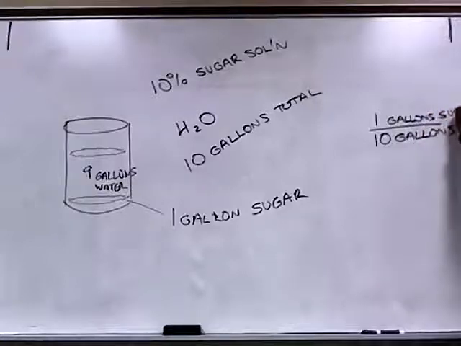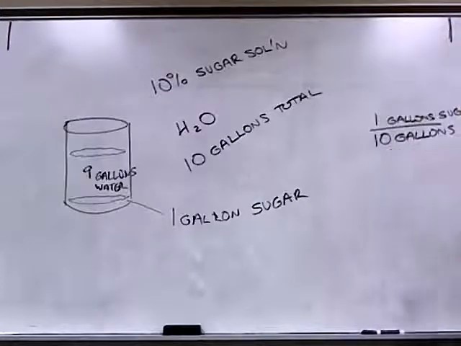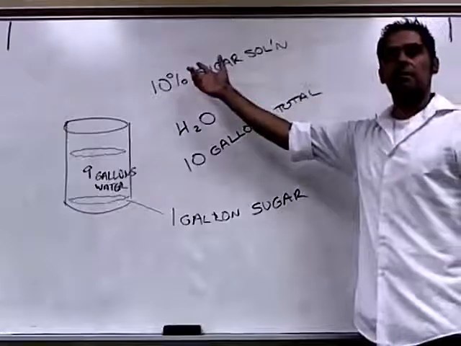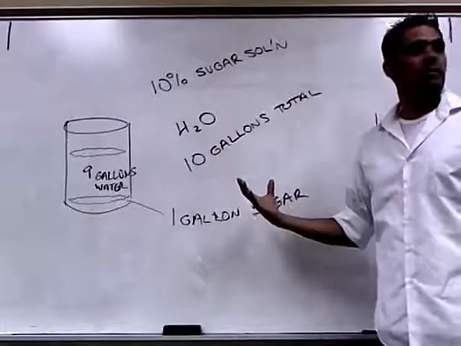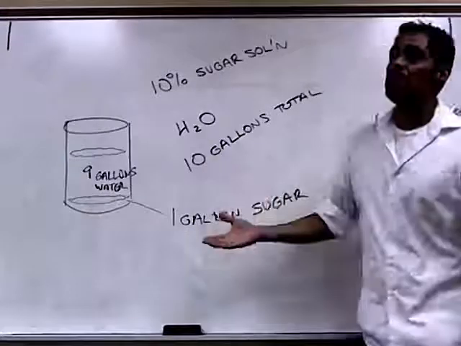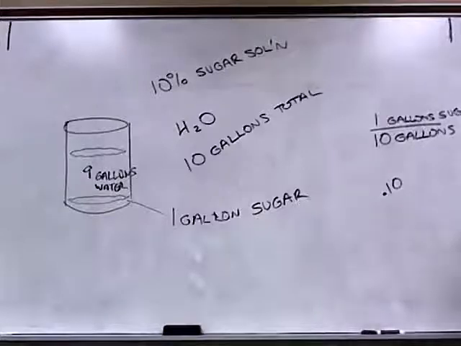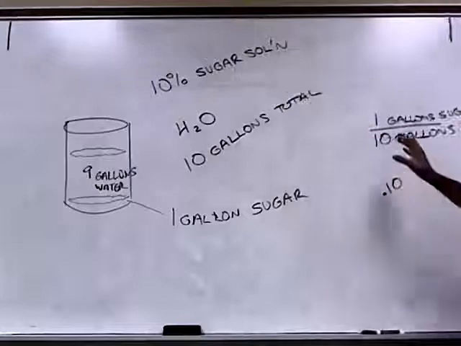If I take 1 gallon of sugar divided by 10, that's a ratio, then you get 0.1, don't you? 0.1 converted to a percentage is 10%. So this is a 10% solution of sugar. You could also say it's a 90% solution of what? Water.